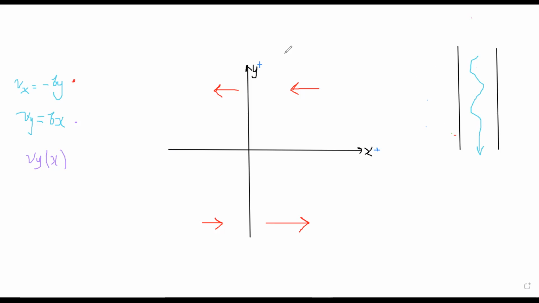What this is saying is that if you look at, once again, the stress component, our only non-zero value of the stress tensor would correspond to a non-zero velocity profile of only Vy with respect to x, right?